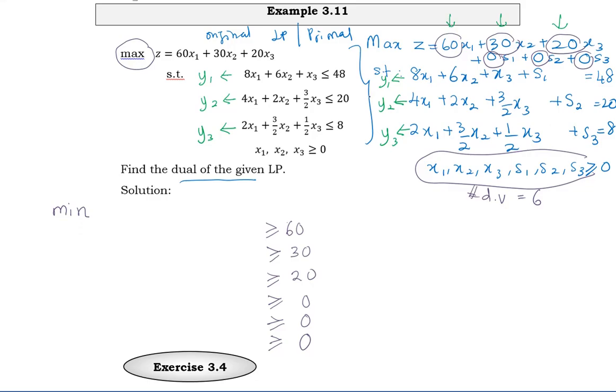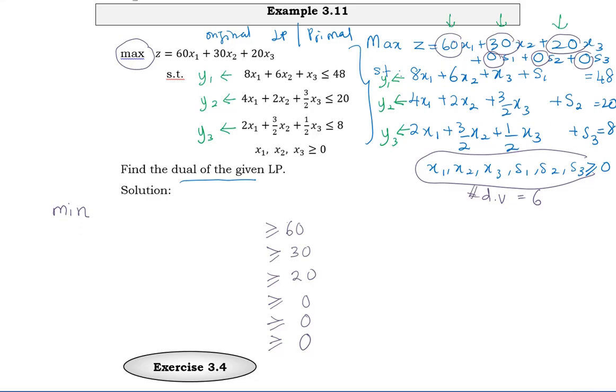So the first constraint for the dual will come from the first column.